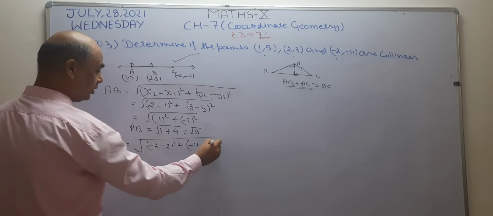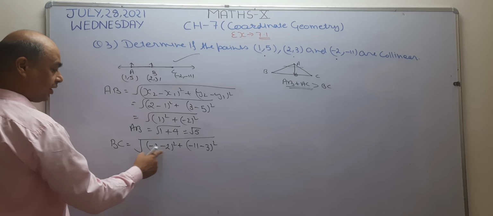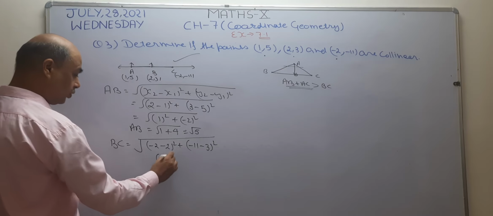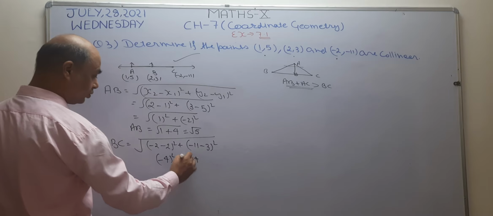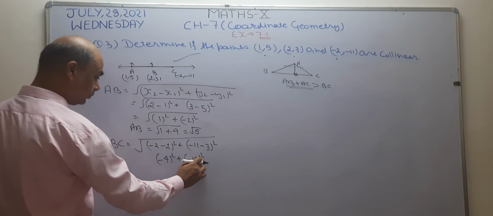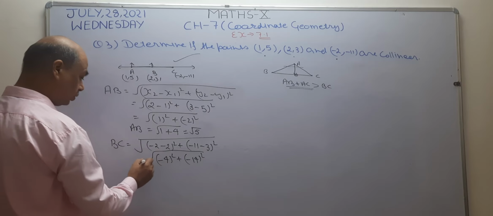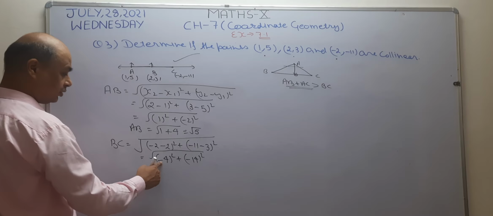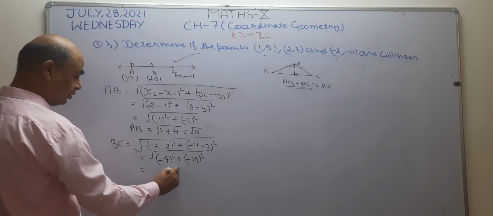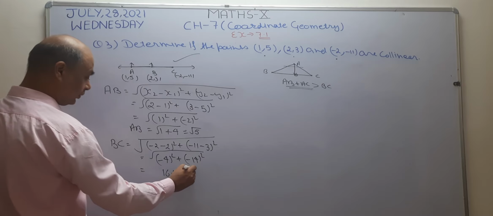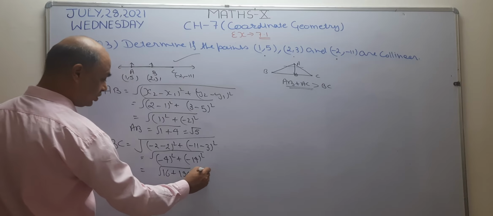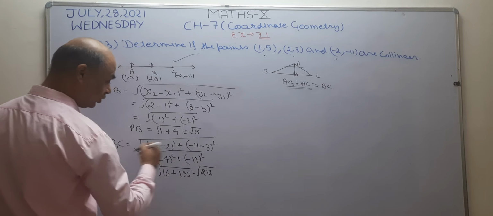Now -2 minus 2 becomes -4 squared, and -11 minus 3 becomes -14 squared, under the square root. The square of -4 is 16, the square of -14 is 196, 196 plus 16 is 212, and its root.